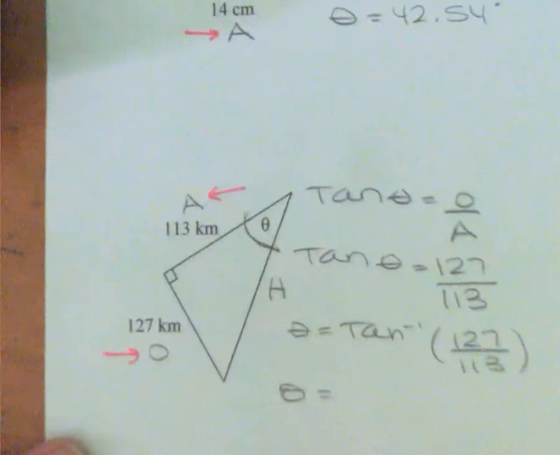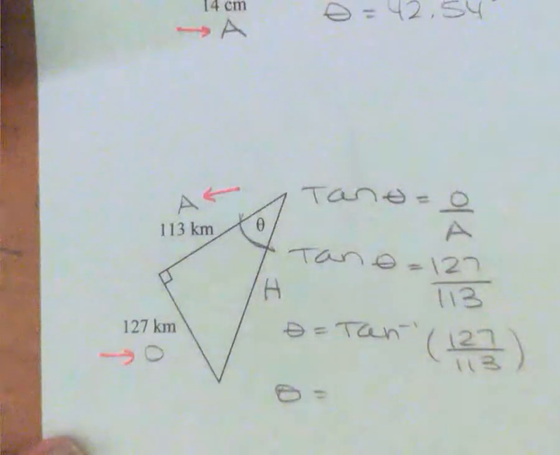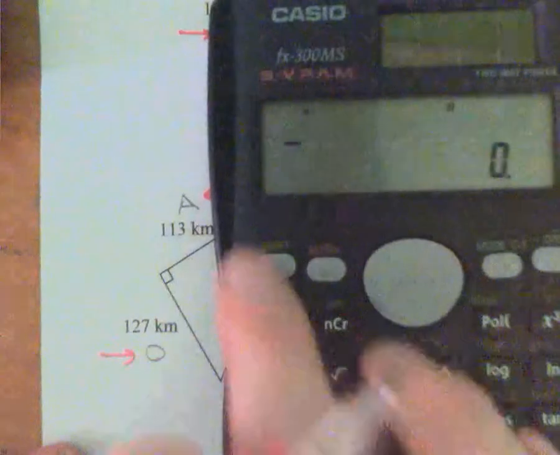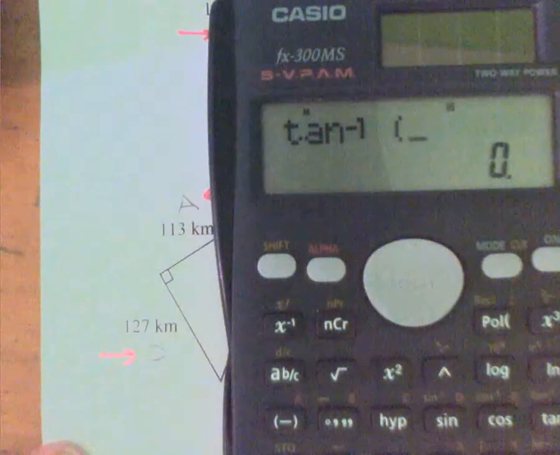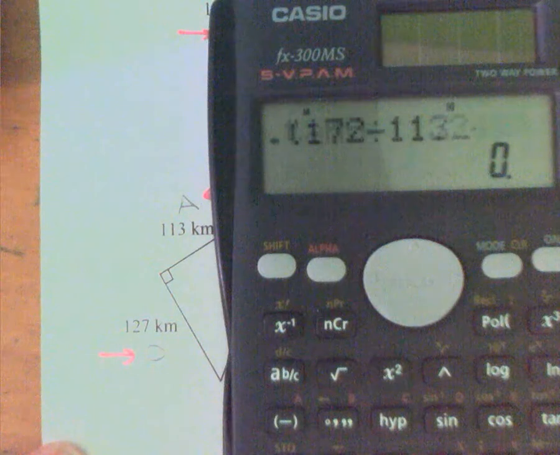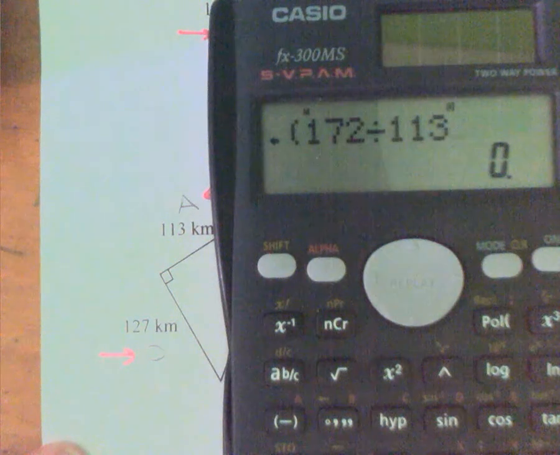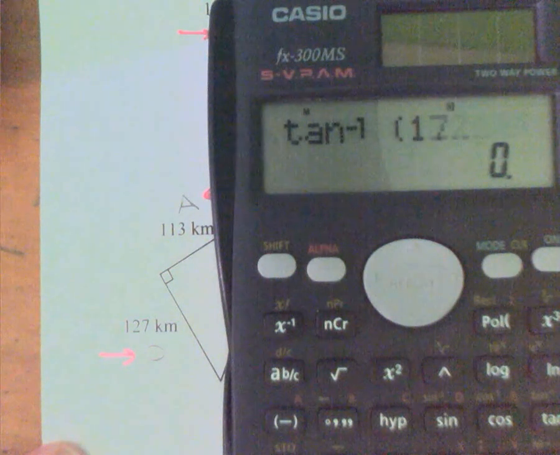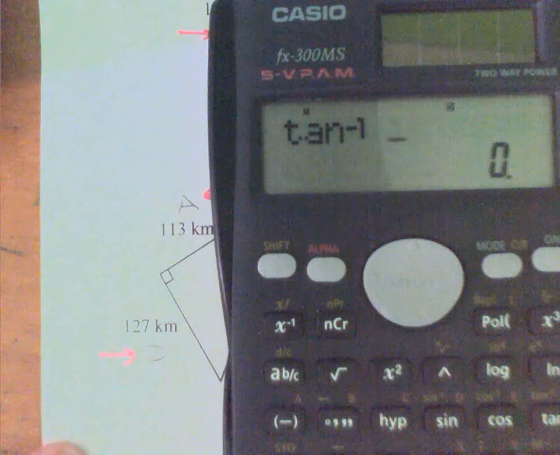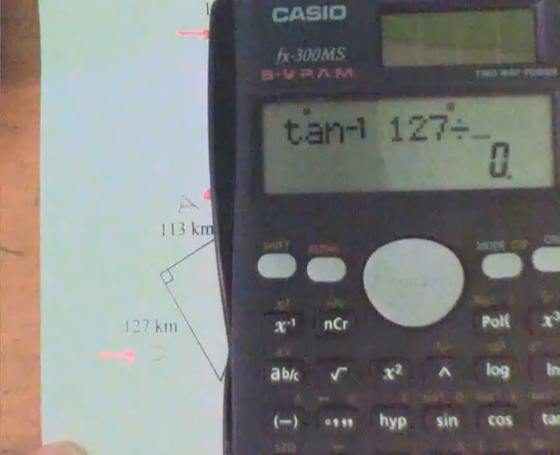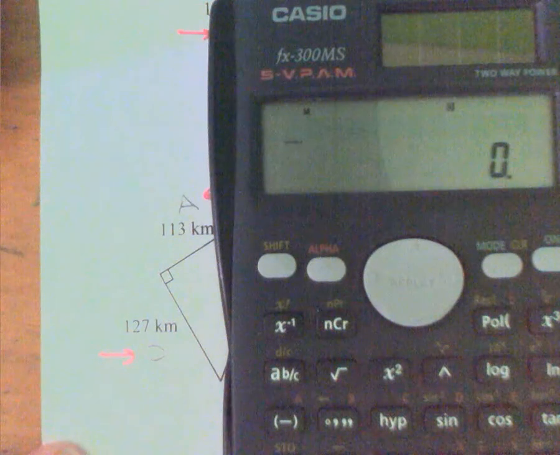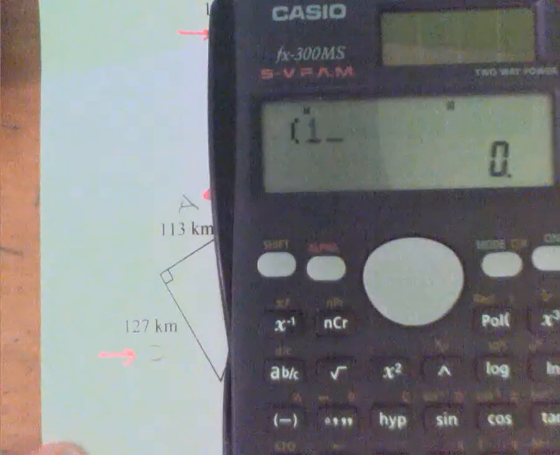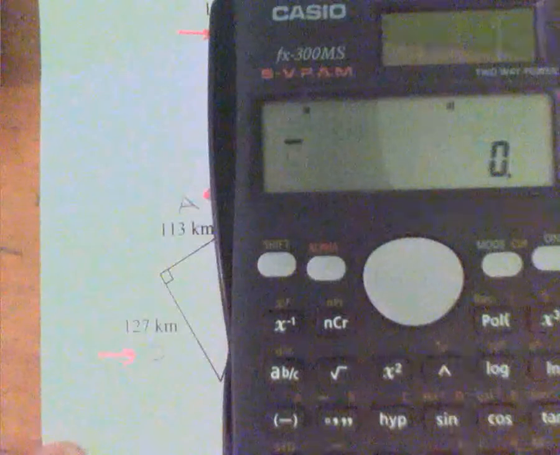So I'm going to put that into my calculator. So I want to do tan inverse of bracket 127 divided by 113. That's not what went in, so I'm going to delete that. So again, I want 127 divided by, oh, and I forgot my brackets now. Let's start that again.